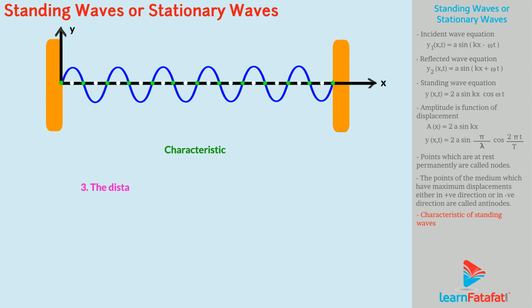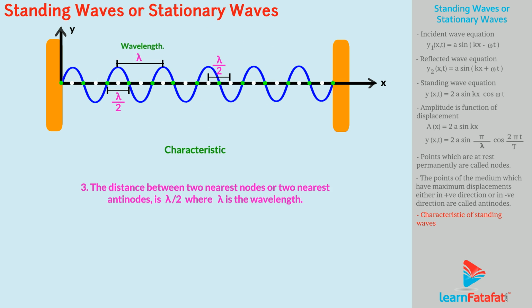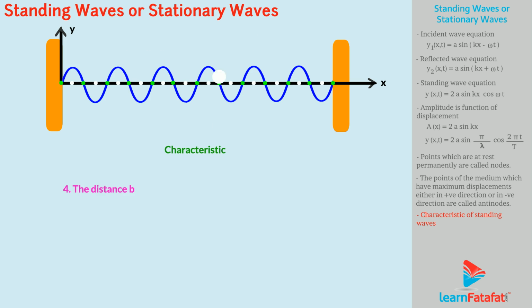The distance between two nearest nodes or two nearest antinodes is λ/2, where λ is the wavelength. The distance between a node and a neighboring antinode is λ/4.